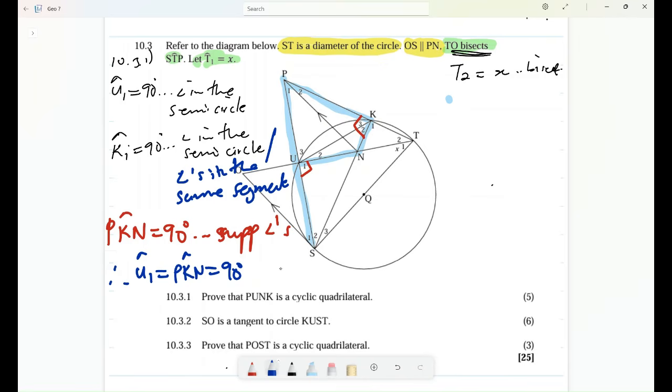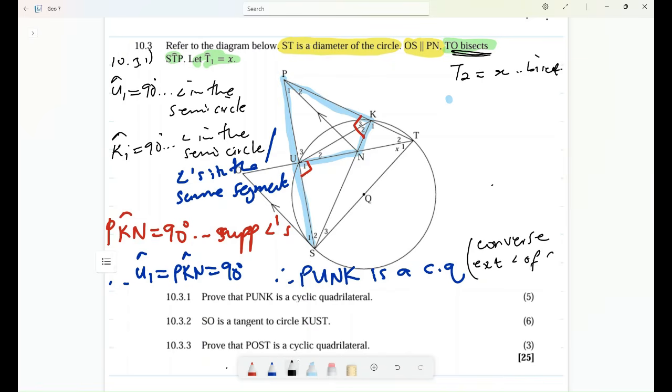Again, proving. Therefore, you can conclude by saying, therefore, PUKN is a cyclic quad. You should give a reason why you are saying PUKN is a cyclic quad. When you are trying to prove that something is a quadrilateral, or a tangent, you are going to say converse. Converse is a reverse. Converse exterior angle of a cyclic quad.